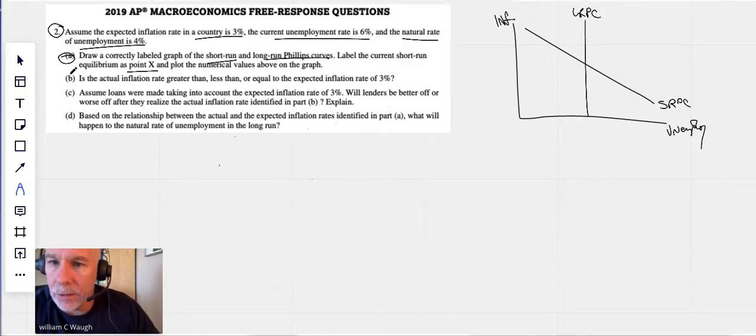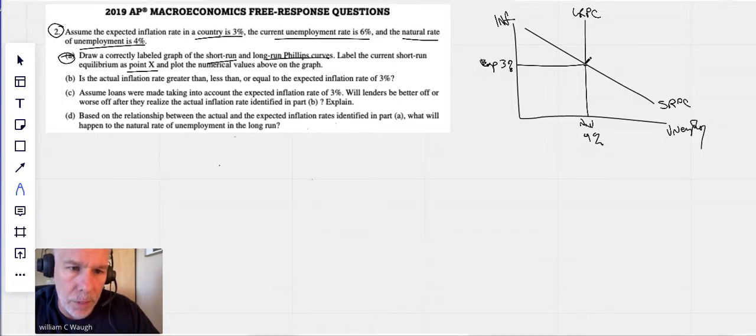All right, draw a correctly labeled graph of short run, long run, label the current equilibrium as point X. Well, we need to know that where long run and short run come together, this is not only our expected inflation, which is 3%, but it is our natural rate of unemployment also, right there, which is 4%.